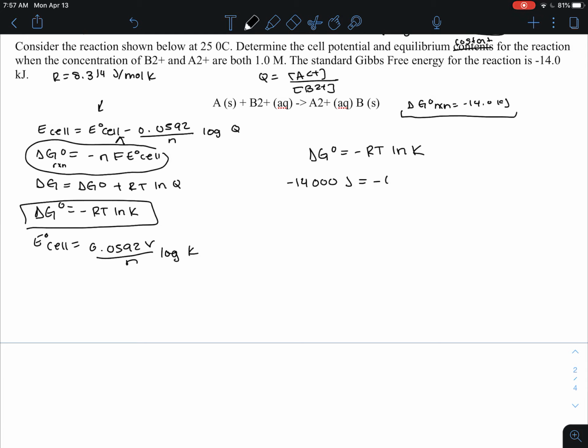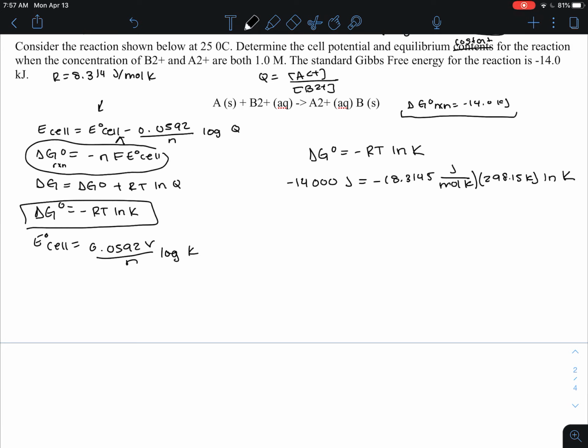So I know kilojoules to joules times 1,000, nice and easy. So negative 14,000 joules times negative 8.3145 joules per mole Kelvin, T, temperature 25 degrees Celsius, so 298.15 Kelvin, ln of K. Alrighty, so I still have to do this problem.